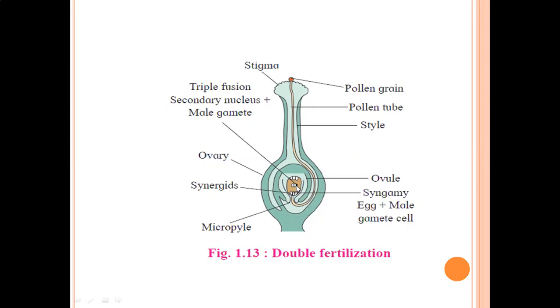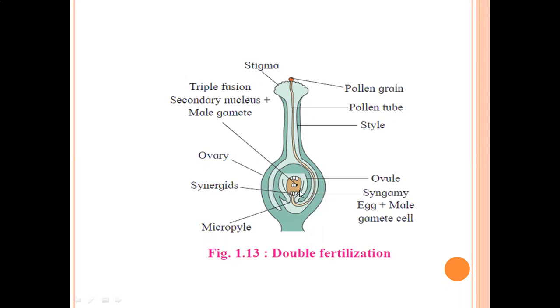Okay, so what is the product of this double fertilization? When one of the male gametes fuses with the egg, this process is called syngamy, which forms a zygote. The product of syngamy is the diploid zygote.